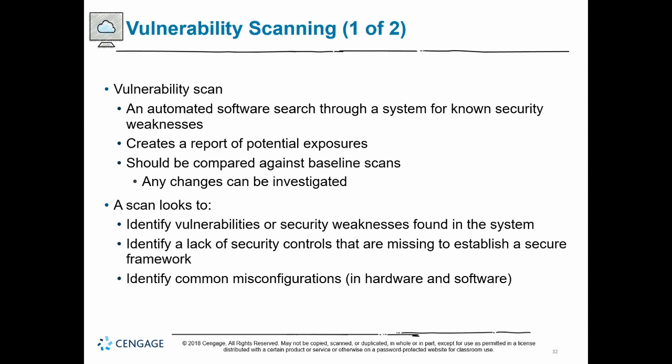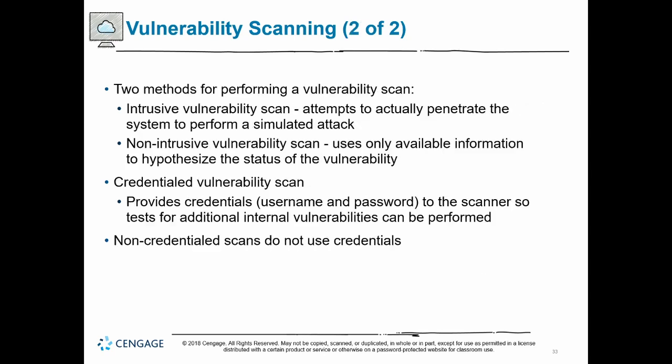A scan usually looks at vulnerabilities or weaknesses in the system, your device, your network, wherever it may be. It identifies lack of security controls that are missing to establish a secure framework, and it can identify common misconfigurations in hardware and software.